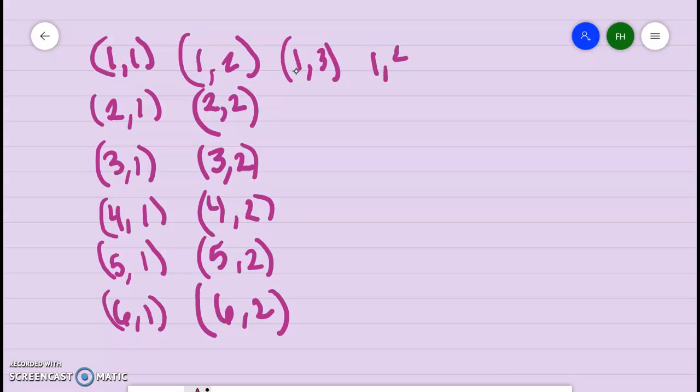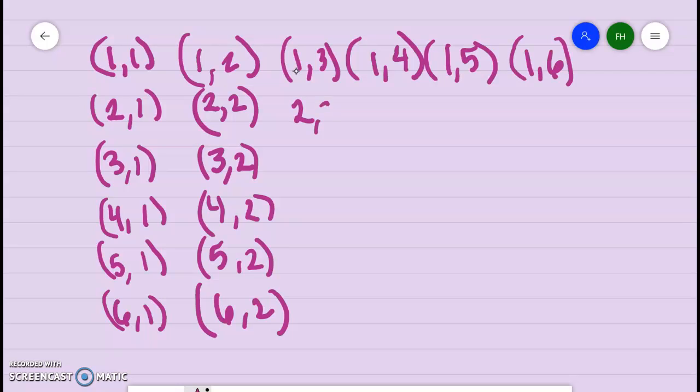You could even go this way. A 1 and a 4, a 1 and a 5, and a 1 and a 6. And then you could have a 2 and a 3, a 2 and a 4, a 2 and a 5, and a 2 and a 6.